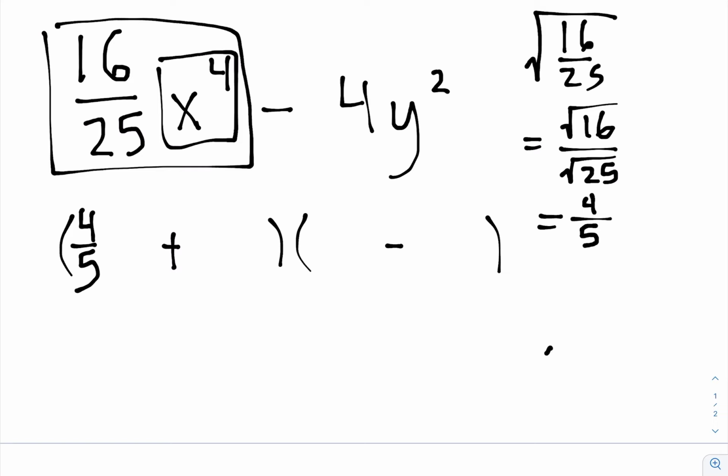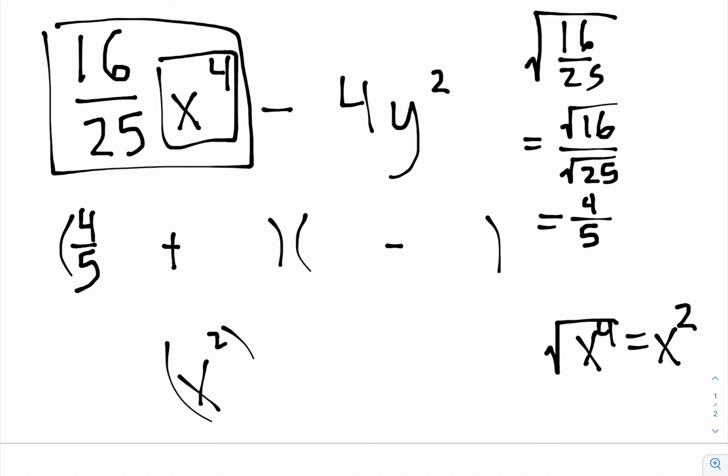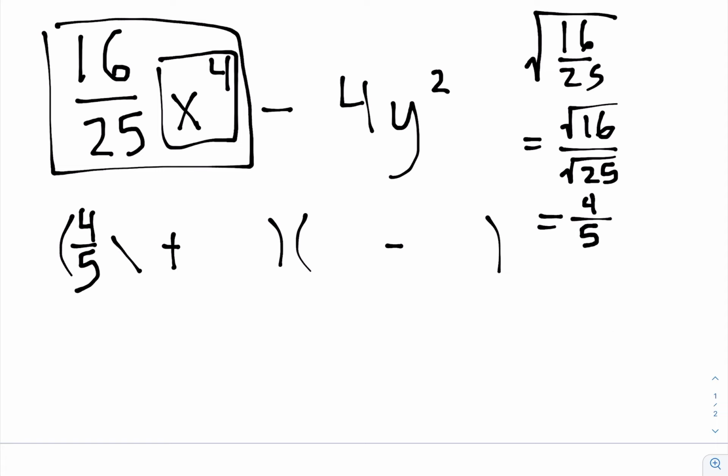So the square root of x to the fourth is going to be x squared, because if we take x squared and raise it to the second power, remember these powers multiply, so that's going to be x to the power of 4. So the variable that's attached to the 4 over 5 is going to be x squared. Okay, and this 4/5 x squared is going to start both brackets.